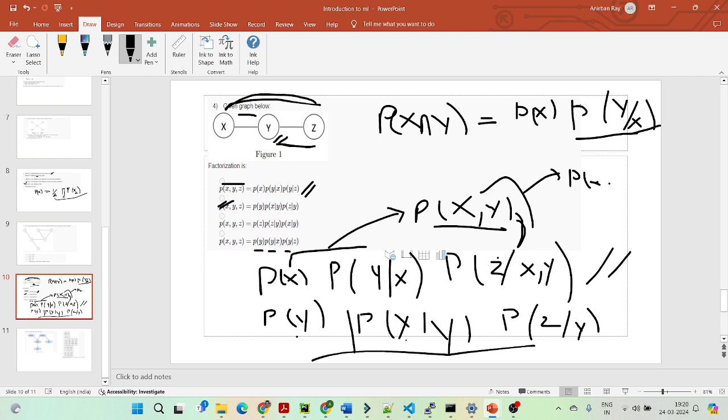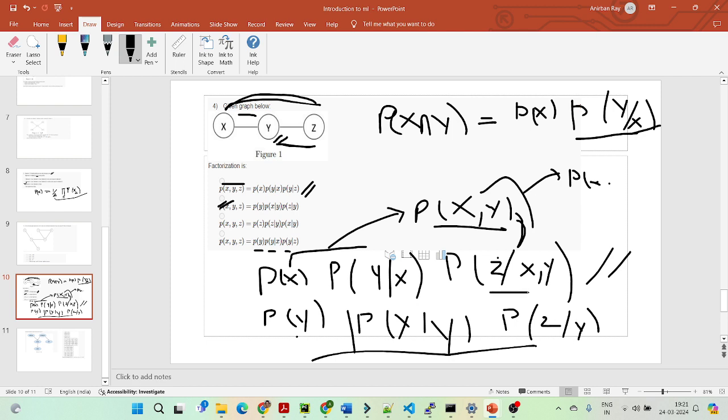Sir, is Z dependent on X and Y both, or only X? Sorry, only Y. Only Y. Similarly x is only dependent on y, so z is only dependent on y. So in the first expression, third component, you write P of Z given X and Y, not only Y. What is it? First expression, third, this one.